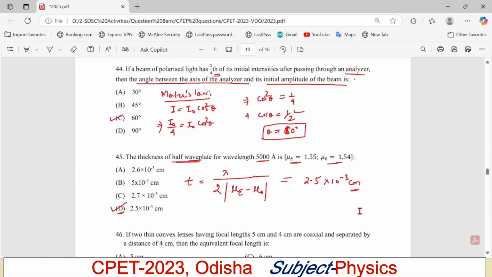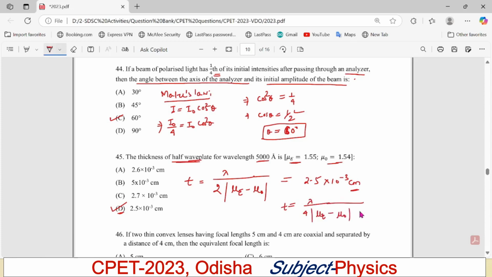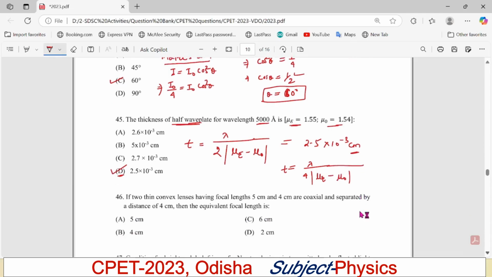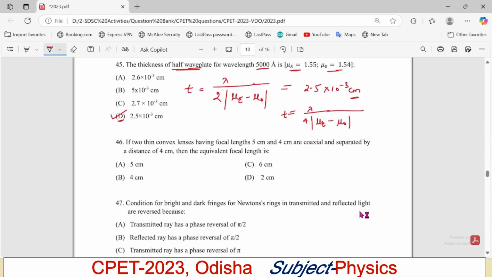So for quarter wave plate, the thickness T will be equal to lambda by 4 into modulus of mu e minus mu o, refractive index of extraordinary minus refractive index of ordinary ray. Next question, question number 46.